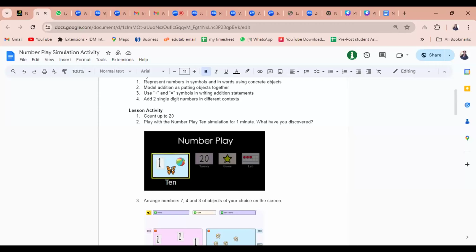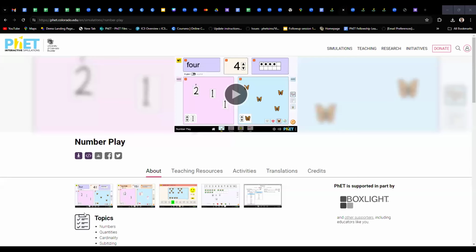At this point, I would like someone to share the screen and tell us how they're playing with the simulation. I'll stop sharing my screen so that one of our learners can put up the Number Play 10. Yes, I've stopped sharing my screen, so one volunteer to play with the 10.